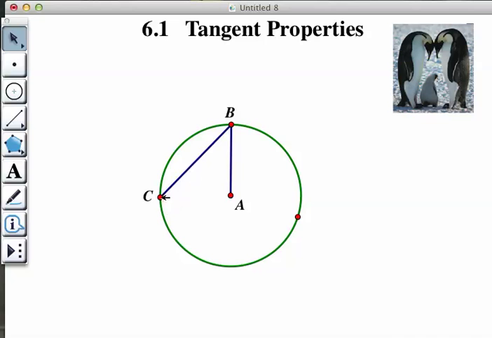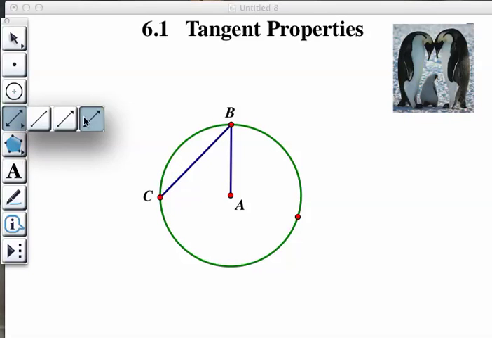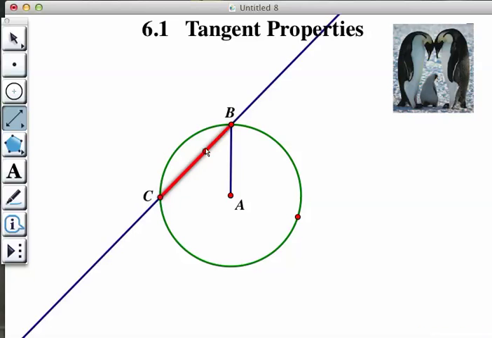Now a tangent line touches a circle only once, but a secant line goes through a circle. And if a line goes through a circle, it's going to go into it, and it's got to come back out of it at some point. It's going to touch the circle 2 times, so it'll have 2 points on the circle. So right now I've got secant line BC. I've got chord BC as well, this line segment. And I've also got radius AB.